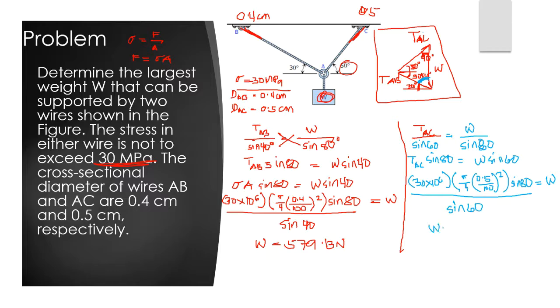So W here, if you calculate this, is equivalent to 6,864.89 Newton. Again, you'll be using the smallest load so that it will be safest for both of them to carry. This one is too big for the wire AB to carry. So the safest load is 579.13 Newton.